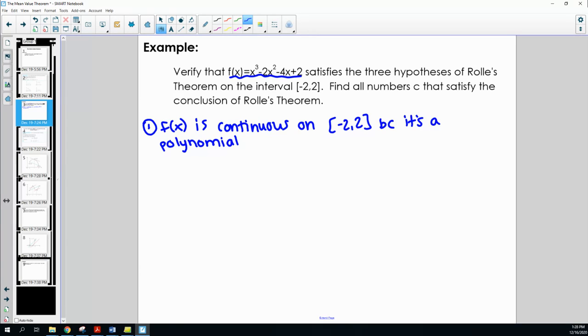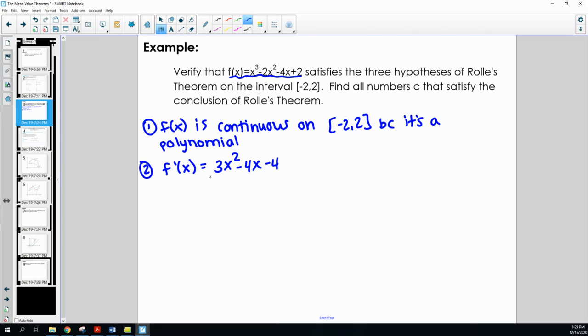So now let's look at number 2. The second hypothesis said that it has to be differentiable, meaning it has a derivative everywhere on the open interval. So if I take the derivative of this, f prime of x, this is going to give me 3x squared minus 4x minus 4. So again, I have a polynomial.